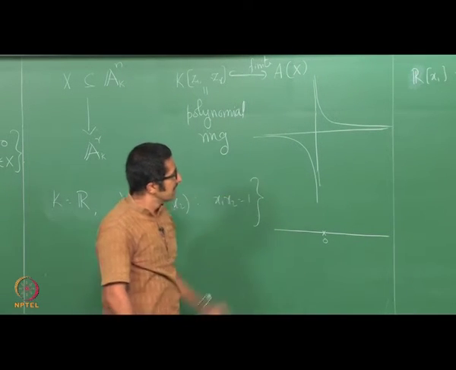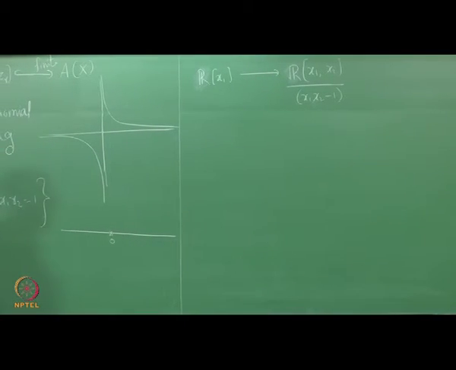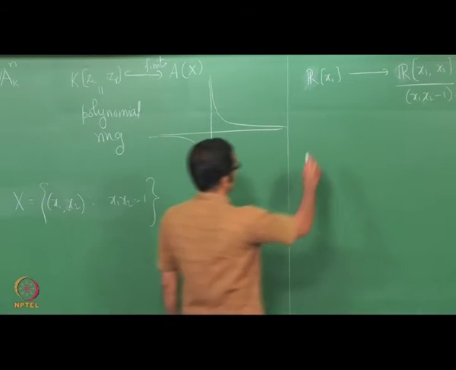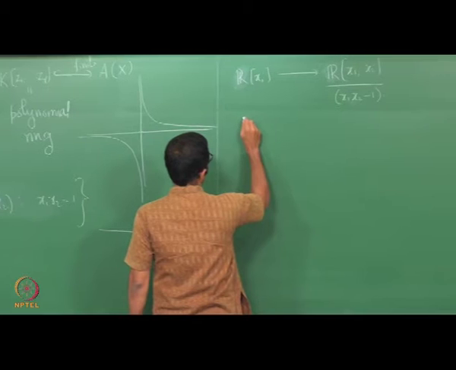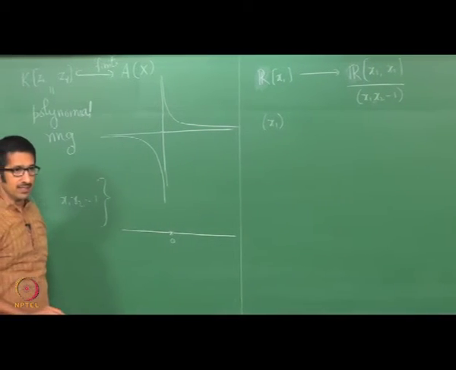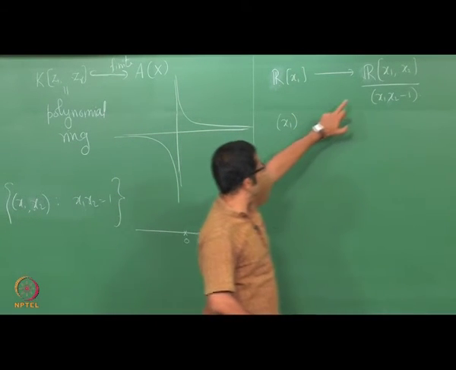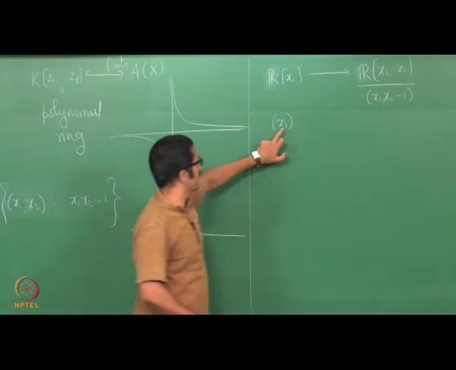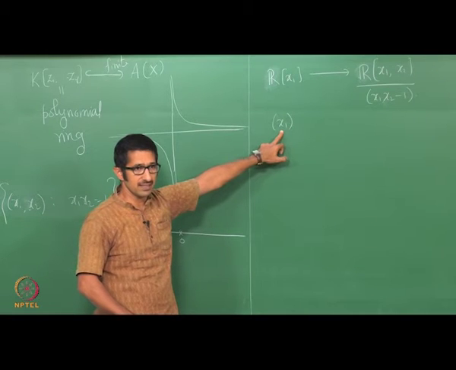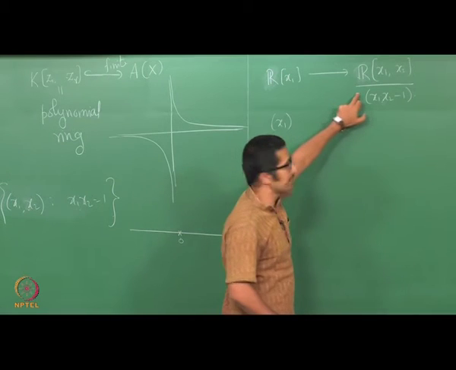I have this map. Now, if I look at the ideal generated by x1 here, there is no prime ideal here that is lying over x1. Therefore, this does not become a finite extension.